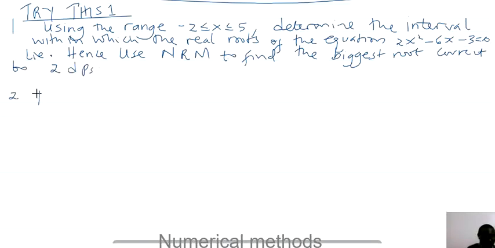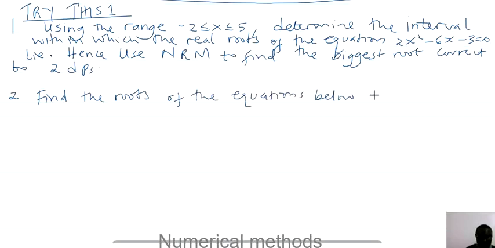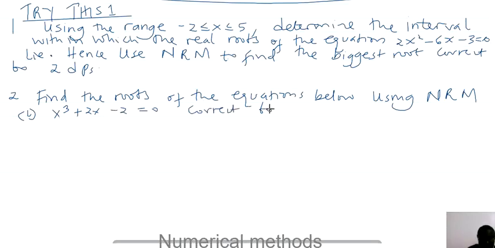Number 2, find the roots of the equations using Newton Raphson method, NRM. Roman numeral 1, x power 3 plus 2x minus 2 equal to 0, correct to 3 dps. Roman numeral 2, x power 4 minus 12x plus 12 equal to 0, correct to 2 dps.